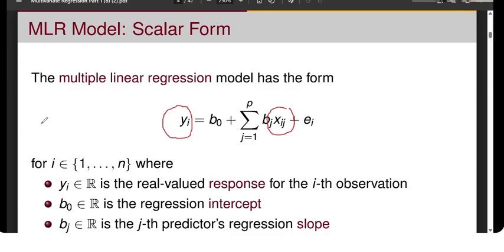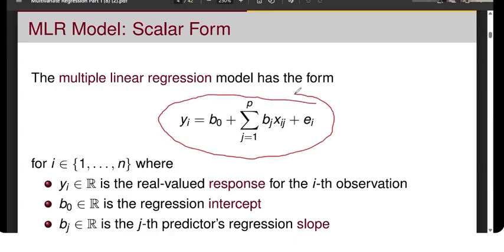Now, let me just tell you this. Whenever we want to study the relationship between variables in the statistical world, we normally start with model specification. So what you see right now is our model specification.